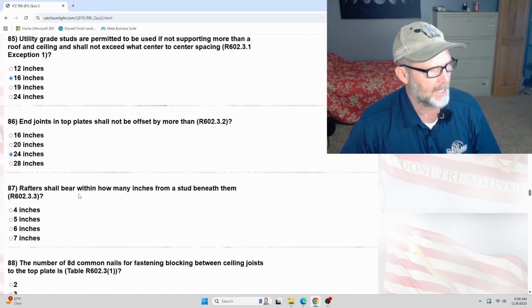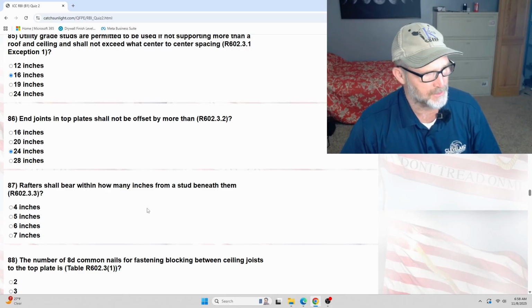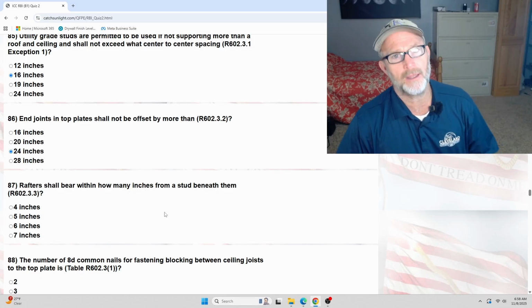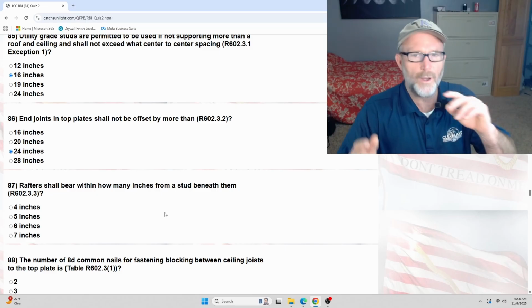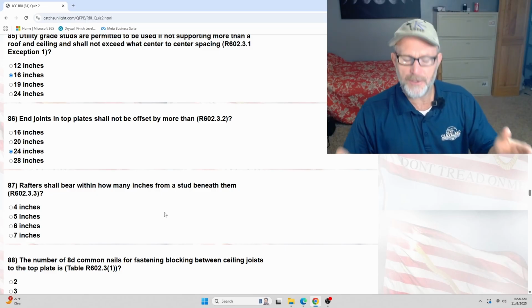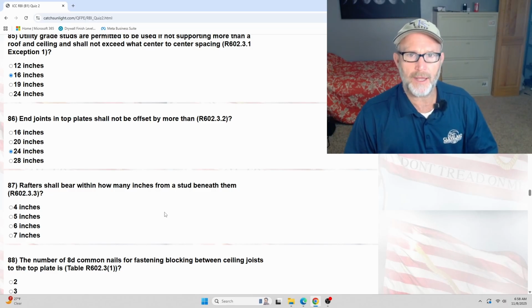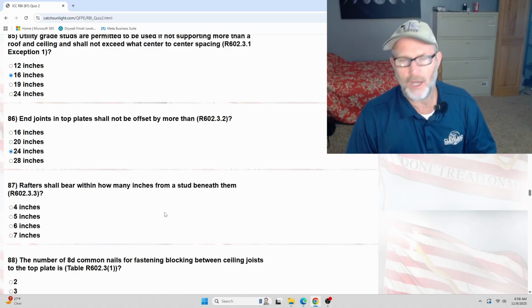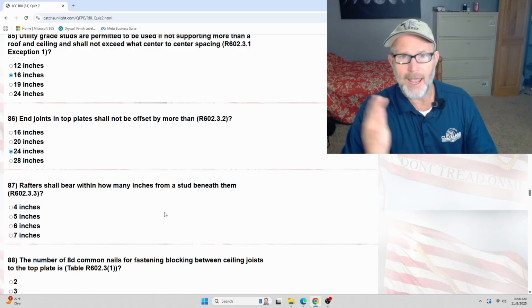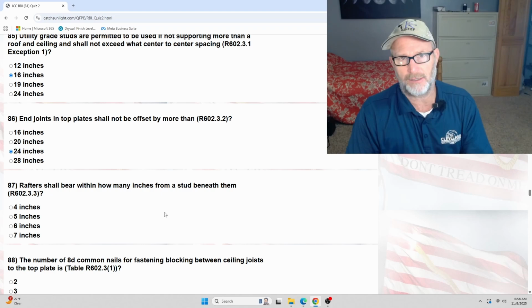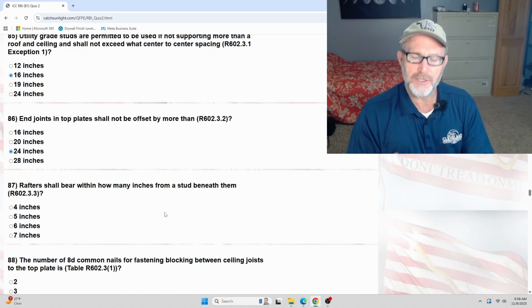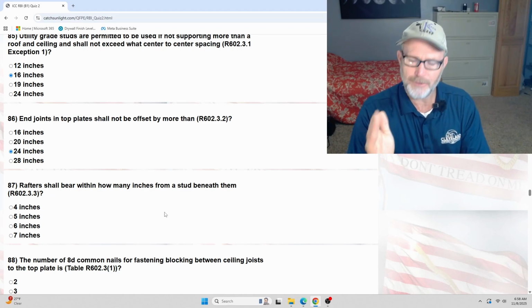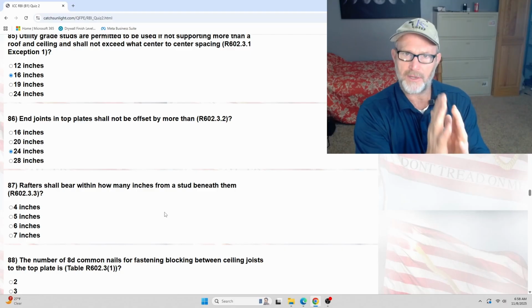Bam. All right, 87. Rafters shall bear within how many inches from a stud beneath them? Okay, here's the deal. What if your rafters are on 24-inch centers and the wall that's supporting them is on 16-inch centers? You're going to have the potential to be offset a little bit. So the question is, how close does that rafter have to be to the load-bearing stud underneath it?